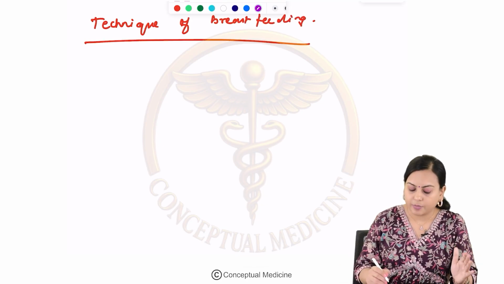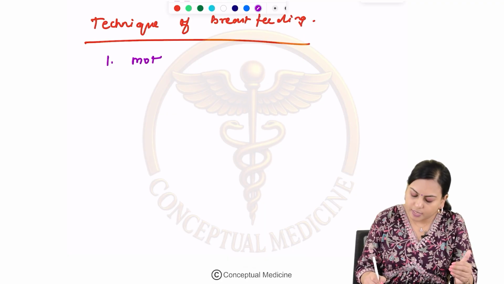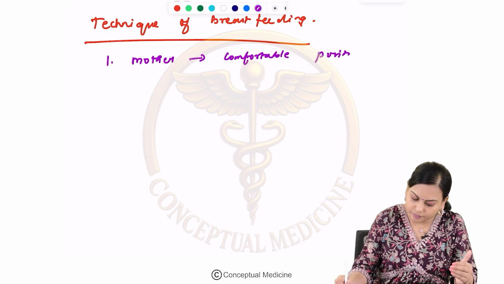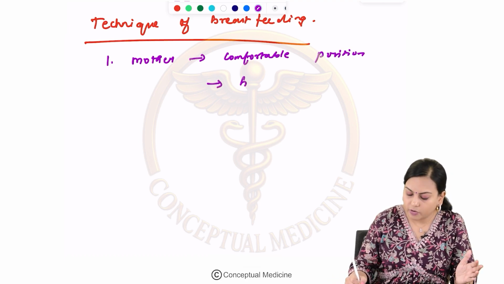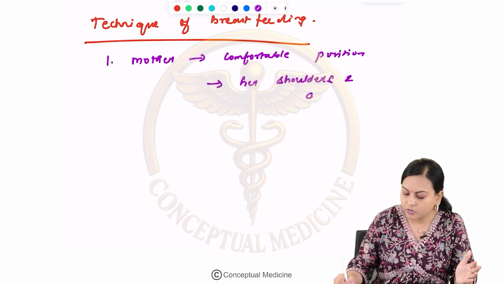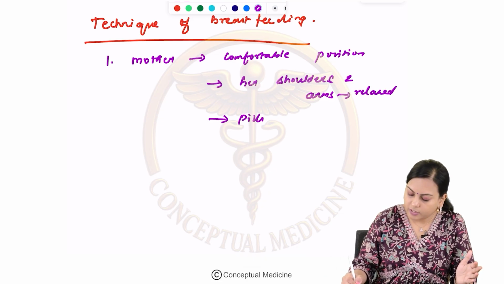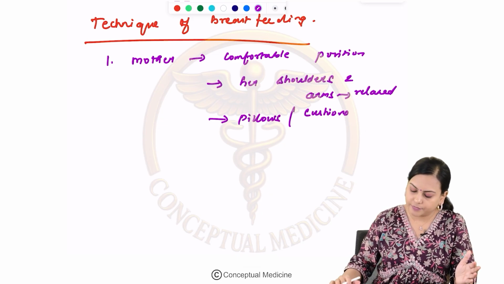See, whenever the mother is breastfeeding, the mother should be in a comfortable position. Her shoulders and arms should be relaxed, and for that you may use even pillows or cushions.